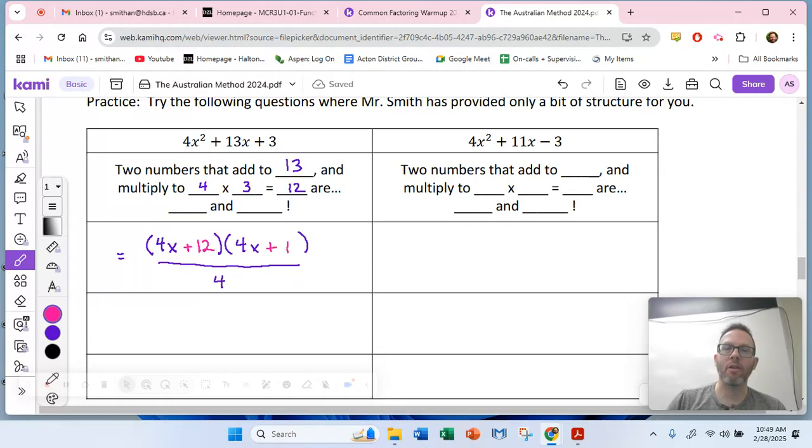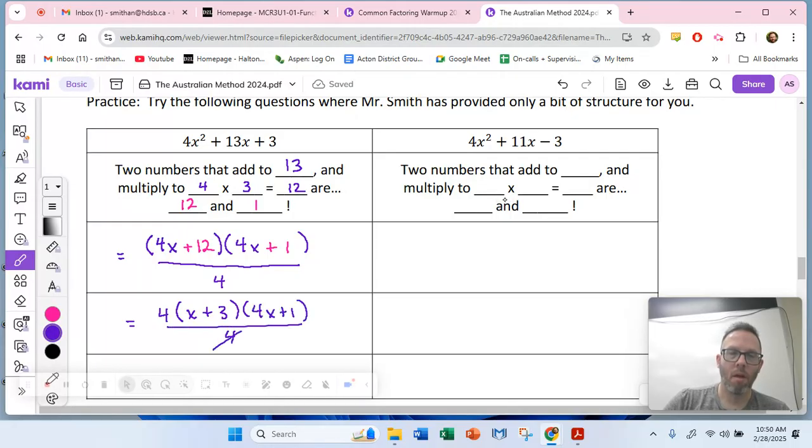And then you look for things you can divide. I'm not going to make things with crazy big numbers you guys can't do with your current numeracy skills, but yeah, 4x plus 12 we can divide out of 4. And the 4's divide out.